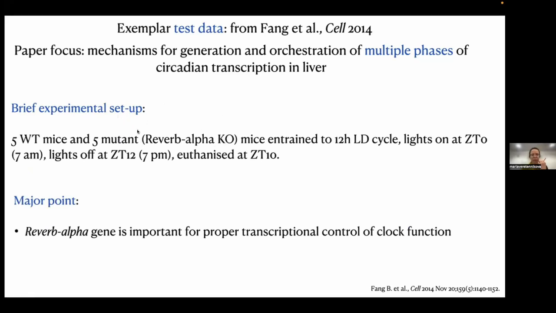That's very important for good functionality of the clock generally, and knockout basically means it doesn't function. One of the major points of this paper again is that the reverb alpha gene is important for proper transcriptional control of clock function. When I say transcriptional, that's related to mRNA expression.